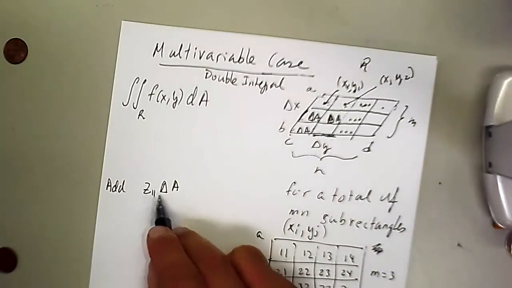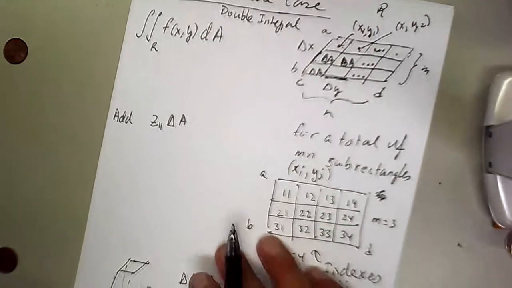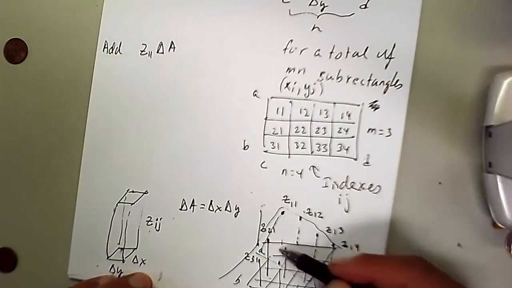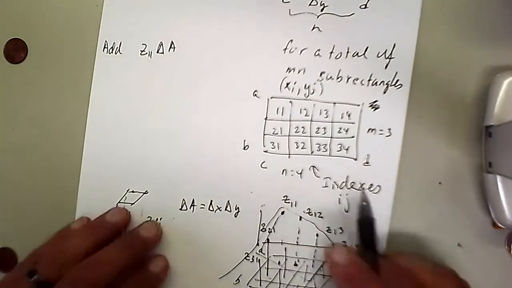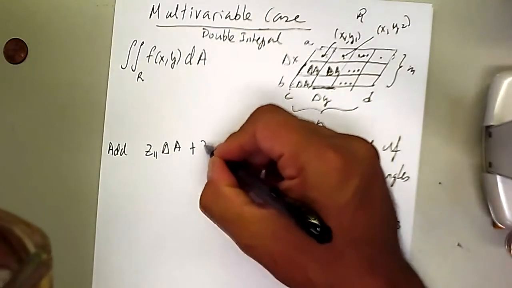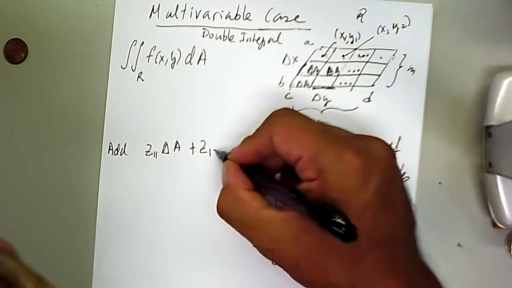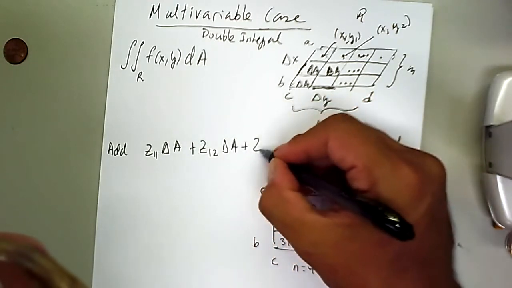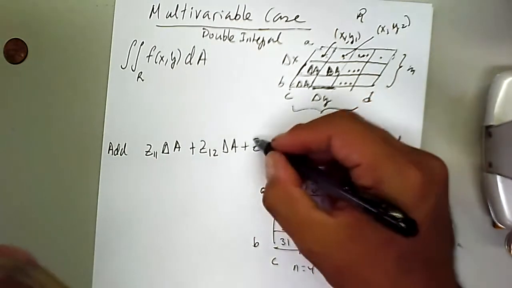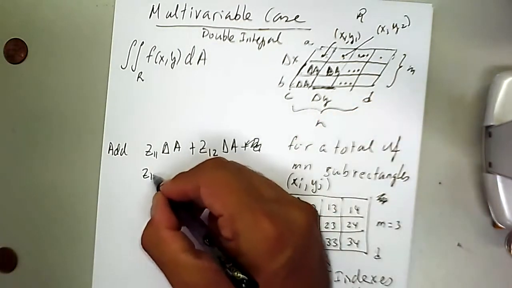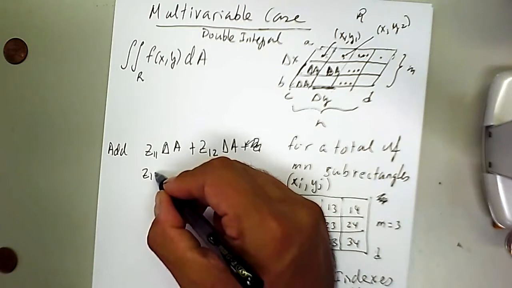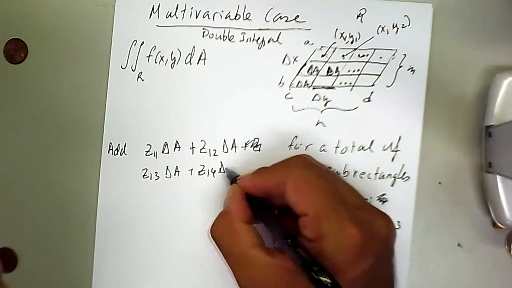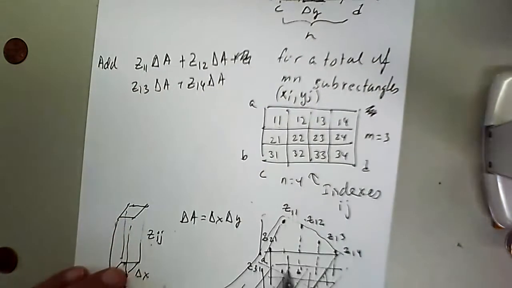So this is the volume of the first column up here. Then we're going to add the volume of the next column on our right. So that's going to be plus Z12 delta A. And then the third one, Z13 delta A, plus Z14 delta A. That's just for the first row.